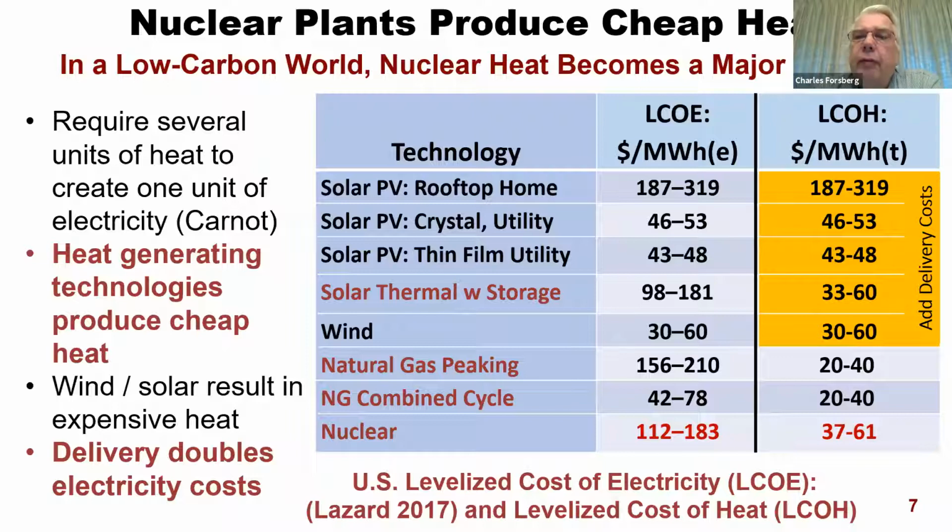The other feature of our electrical system is that roughly half the cost of electricity is the cost of delivering that electricity. So if electricity is used for heat, it implies high heating costs. In short, electrically generating technologies, wind and solar, produce cheaper electricity. Heat generating technologies such as nuclear produce lower cost heat.